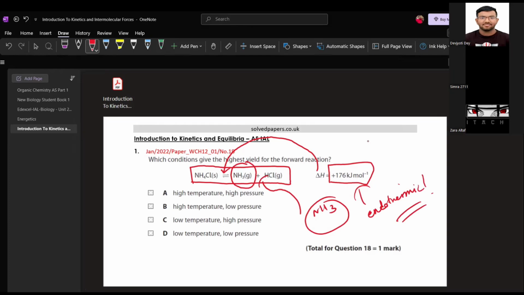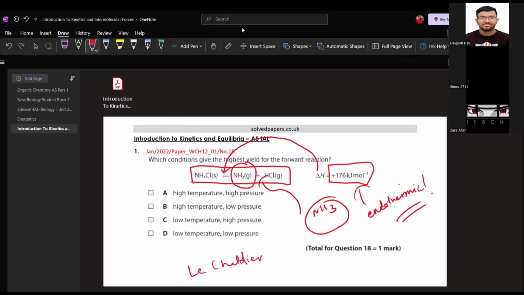Now, the question is, if we increase the temperature, what do we know? We know that the equilibrium is going to shift towards the endothermic direction. That's what Le-Chatelier's principle says.